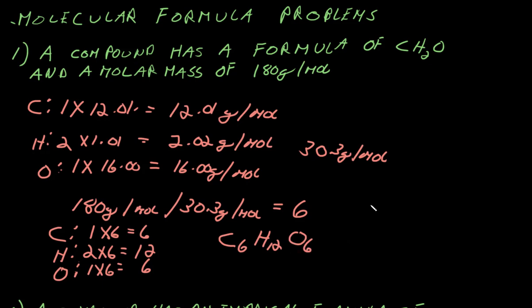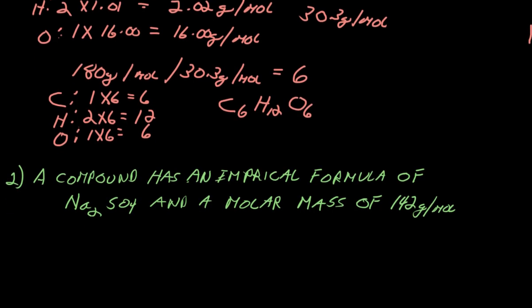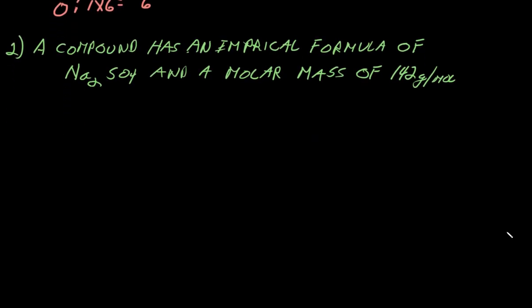All right, let's take a look at one more. We got a compound, it has an empirical formula of Na2SO4 and a molar mass of 142 grams per mole. So we got to find the empirical formula mass first. So let's go ahead and find the empirical.